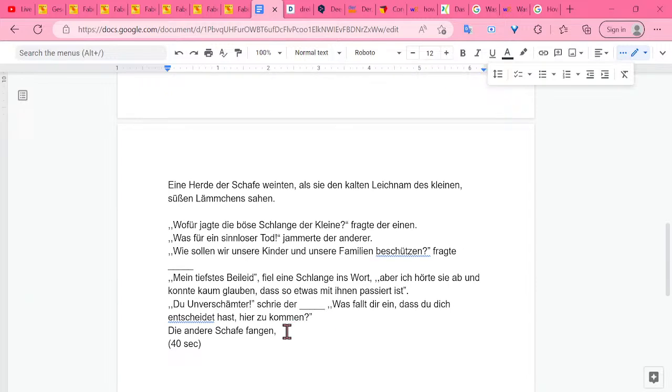They started to flee. Maybe they started to hide. Okay, sie haben sich versteckt. Okay.